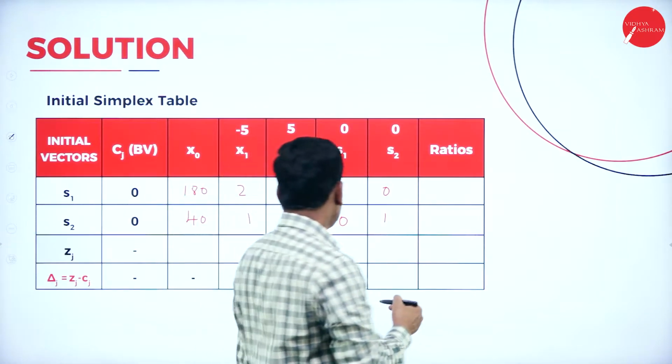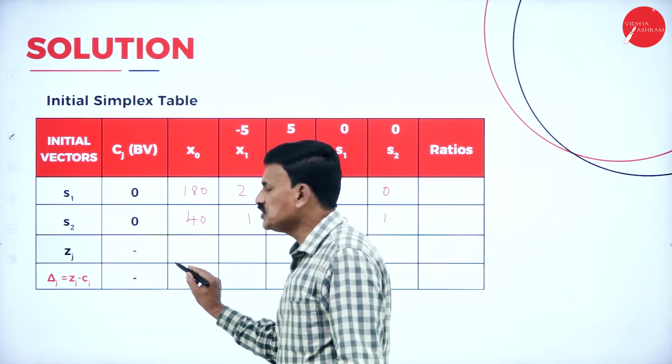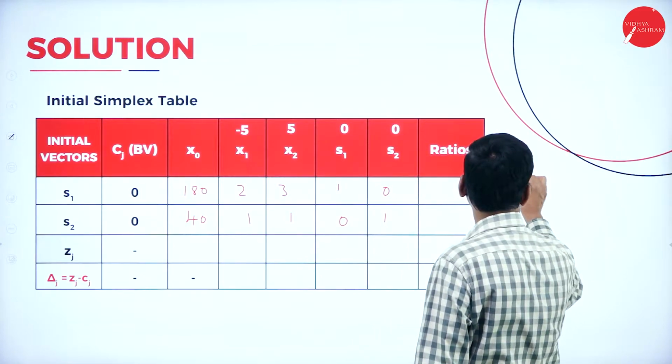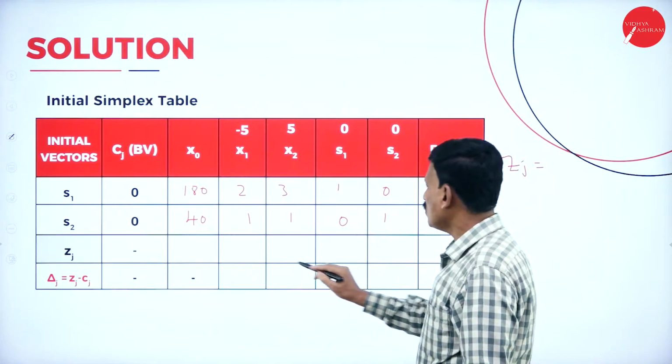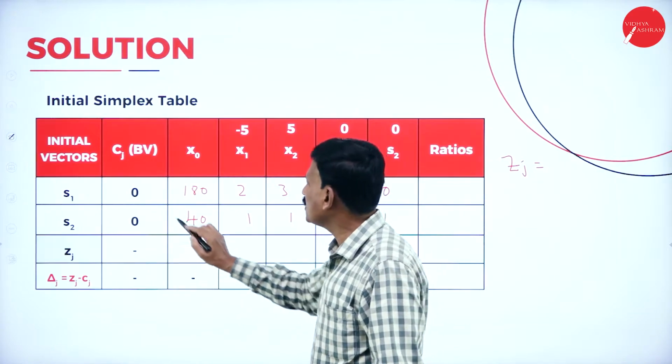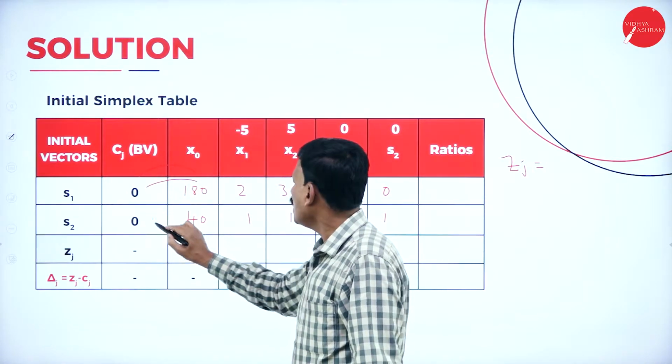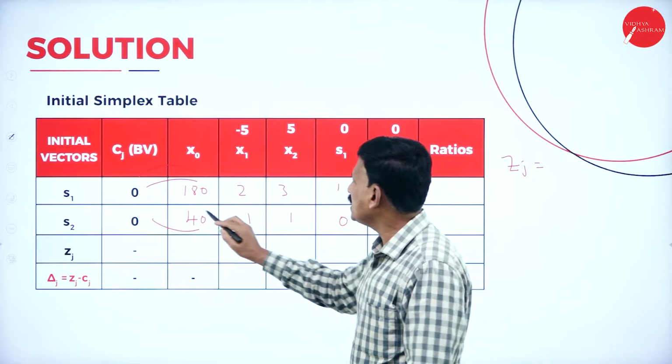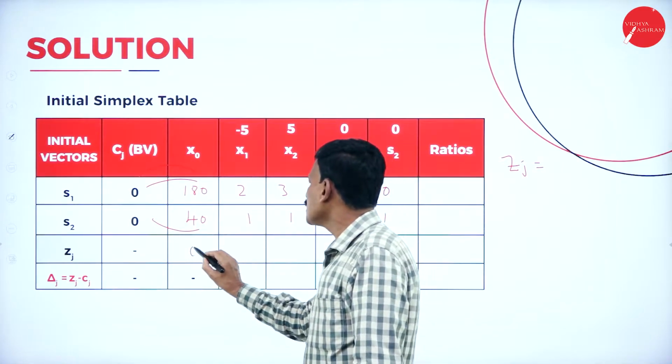Now find out the value of zj. The zj value will always be 0 here. Just multiply and add: 0 into 180 plus 0 into 40 is 0.